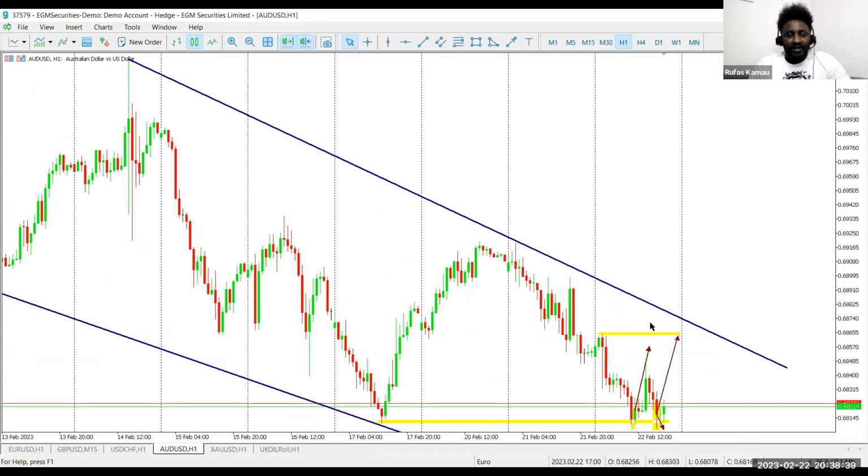So yes, the dollar has been quite strong, but at the same time, we might be seeing the FOMC meeting minutes influence the movement of AUDUSD as well as other dollar pairs. So if you are looking to, let's say, make a market entry now, you have to be very aware that there could be increased volatility, especially at around 10 p.m. So if there was no news, then for me, it would be obvious to look for a very quick position targeting this area and my stop loss just below here.